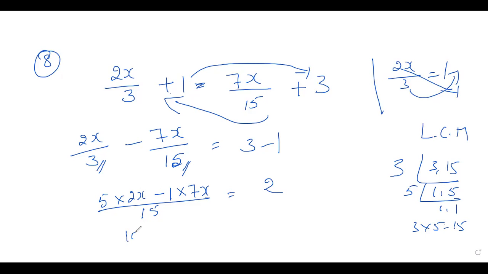5 into 2x is 10x minus 7x by 15 is equal to 2.